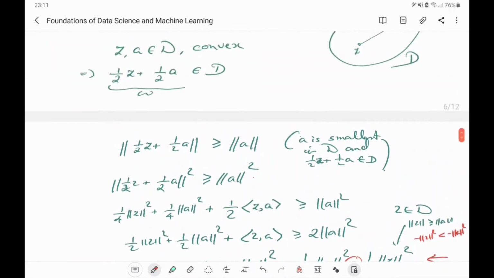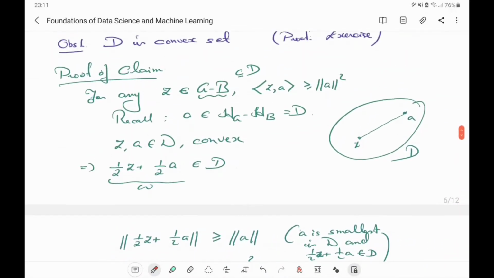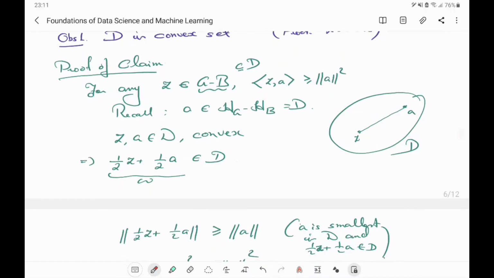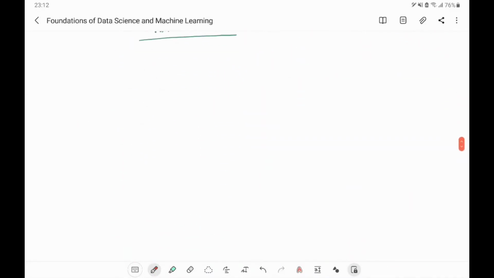Since we will have to do this proof once more, maybe I'll write it on a fresh page. That is better. So what is the claim that we are trying to prove?